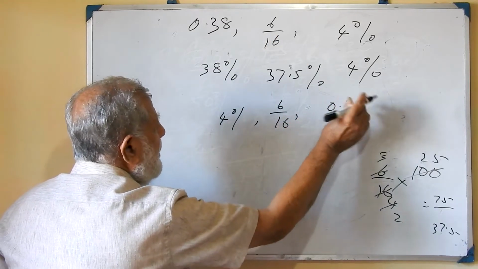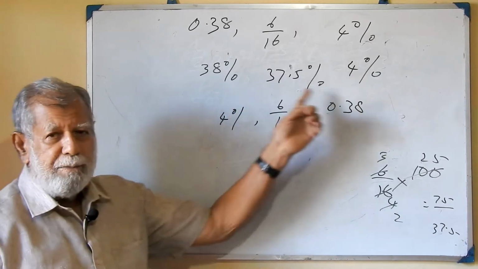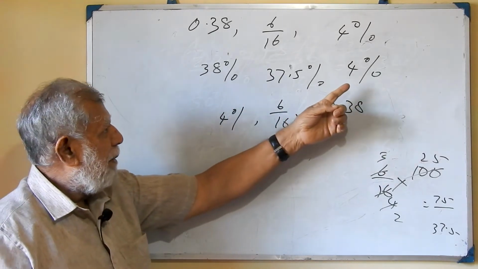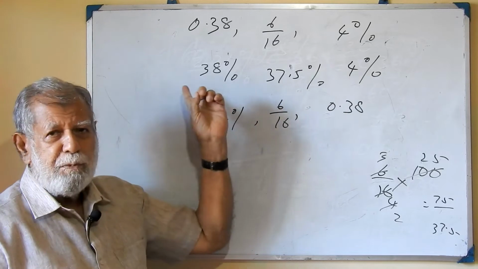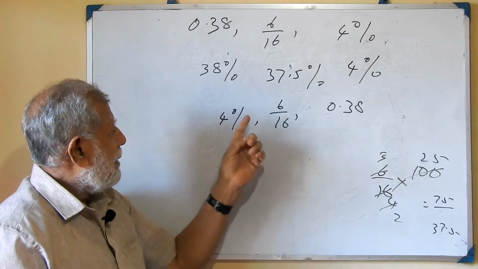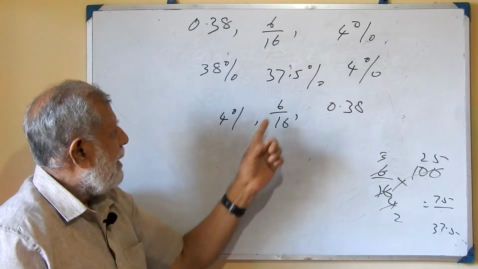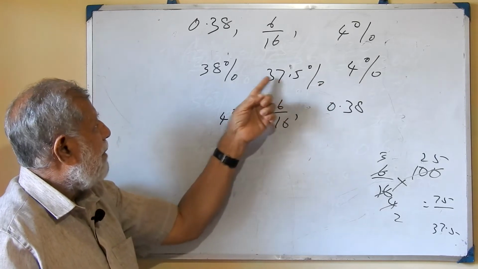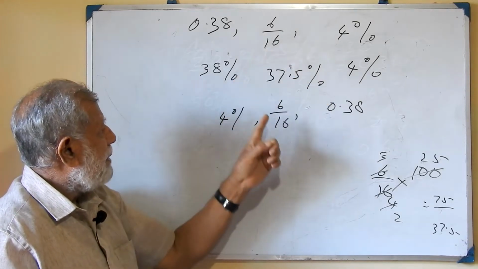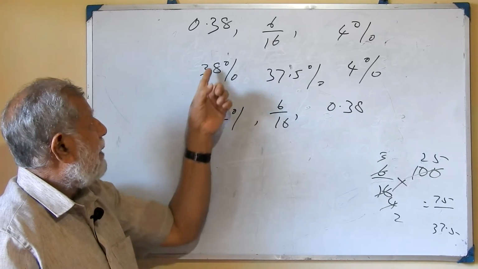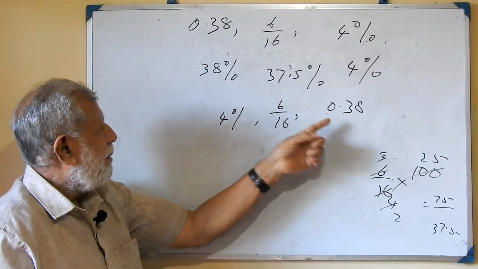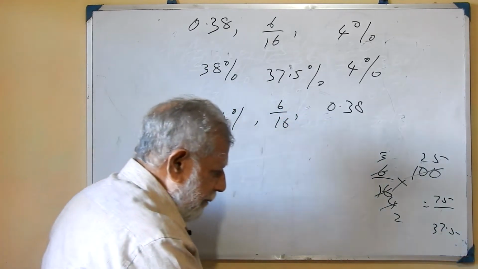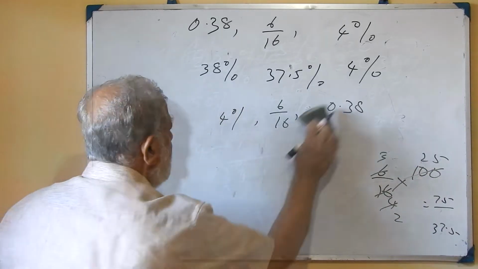We can't write these percentage numbers because this is our working, how we manipulated to find out which is the smallest and which is the biggest. So ascending order will be 4% first, then 6 upon 16, and 0.38.